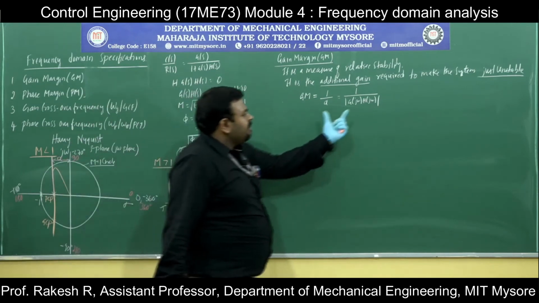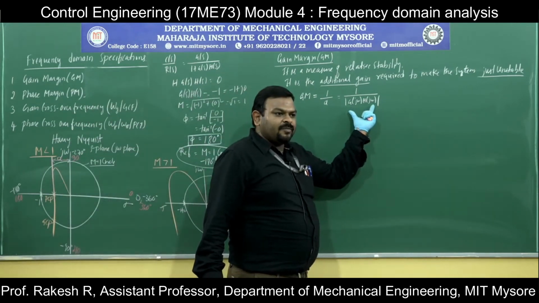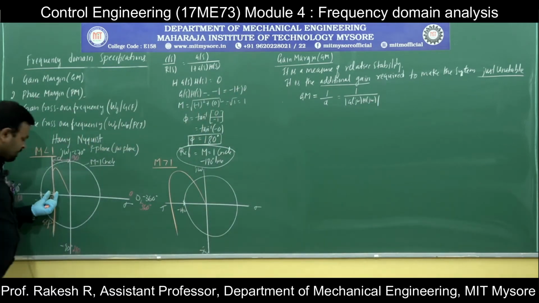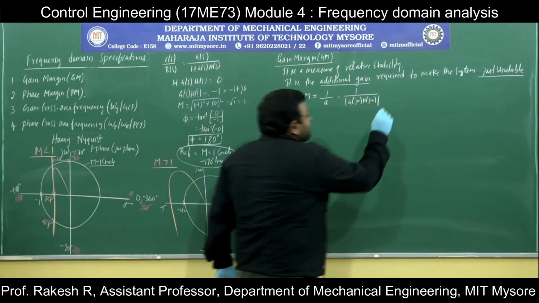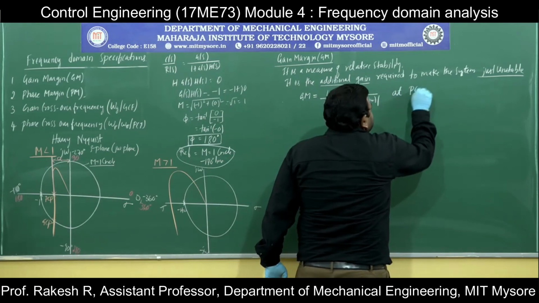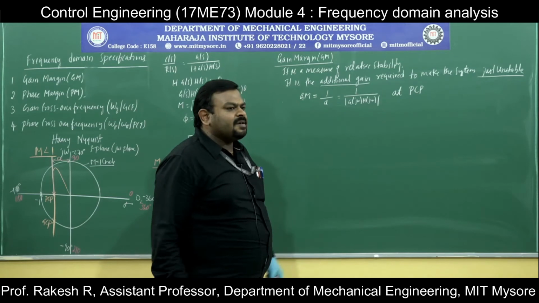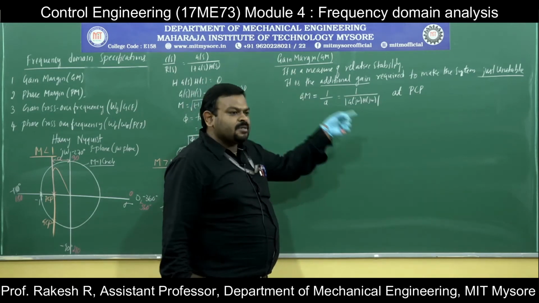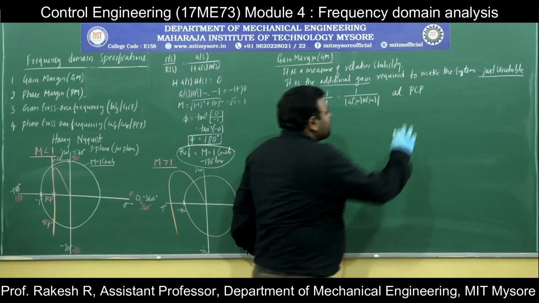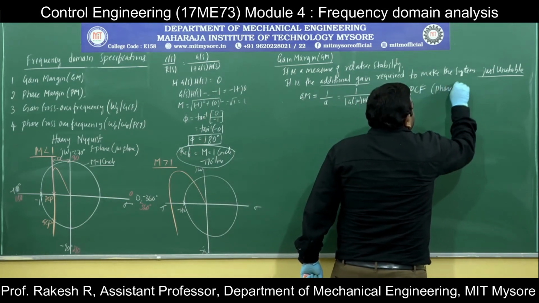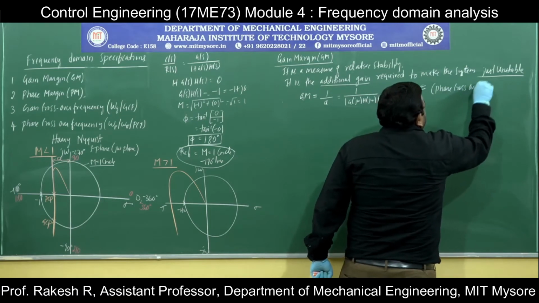Importantly, the magnitude of the open loop transfer function at what frequency? Here at the PCP, very important, at this point, otherwise it will be wrong. At the PCP, phase crossover point. In other words, magnitude will always be expressed in terms of frequency, hence I will call it PCF, which is the phase crossover frequency.